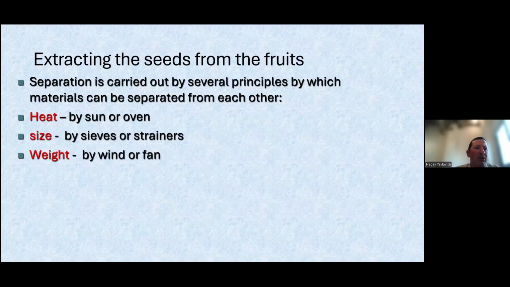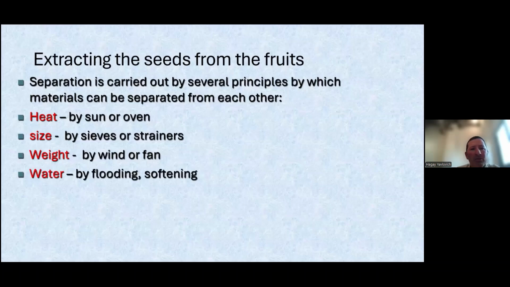You can separate things by heat, and we use heat by sun or by oven. You can separate things by size, and this is if you use sieves or strainers. You can separate things by weight, and this you do by wind or by fan.